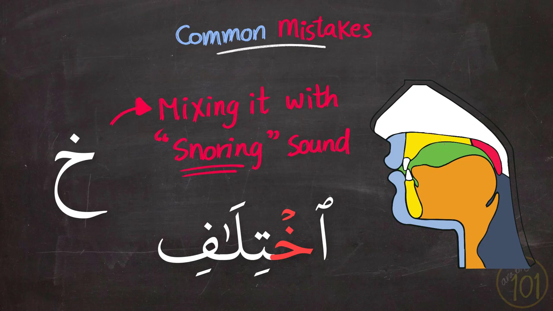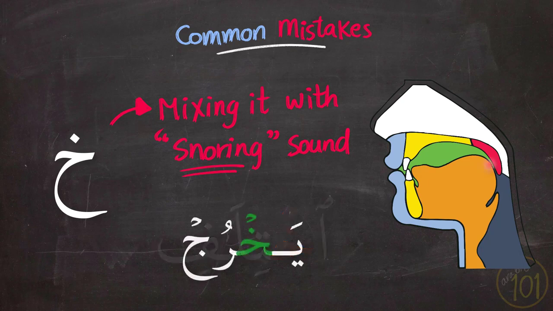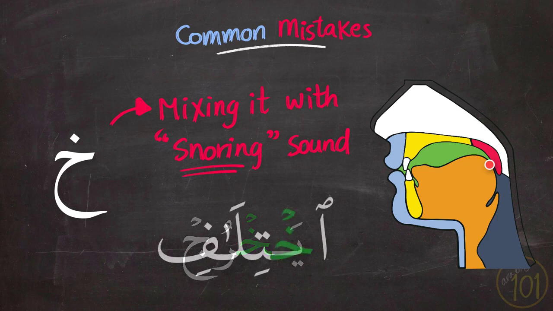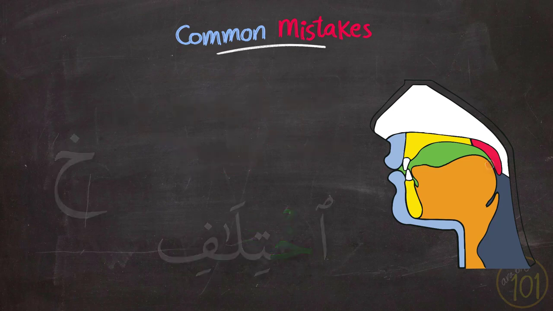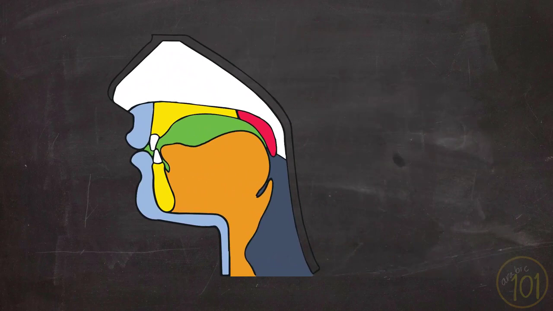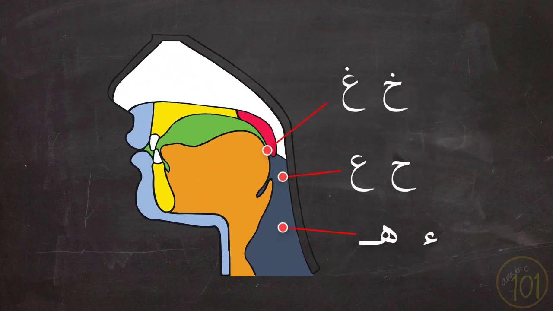And this is of course not correct because the sound of kha should come from much deeper in the mouth, in fact from the nearest part of the throat. يخرج, اختلاف.